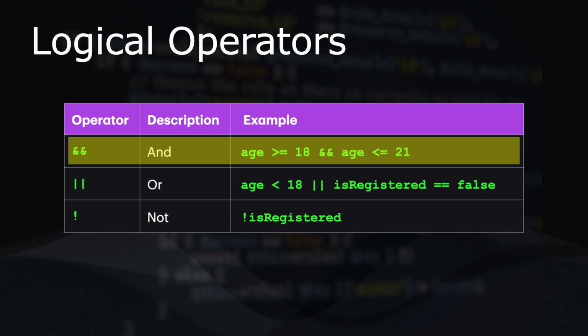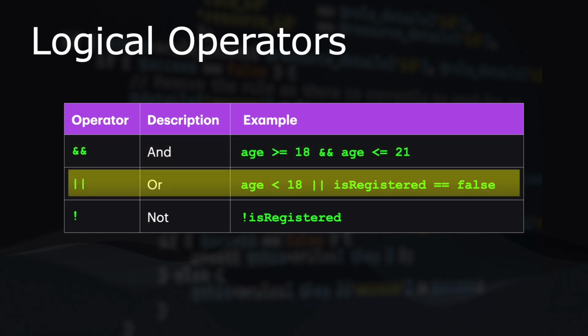It returns true only if both operands are true. This example evaluates to true if age is greater than or equal to 18 and age is less than or equal to 21. If age is too low or too high, the expression evaluates to false. It basically checks to see if age is between 18 and 21.